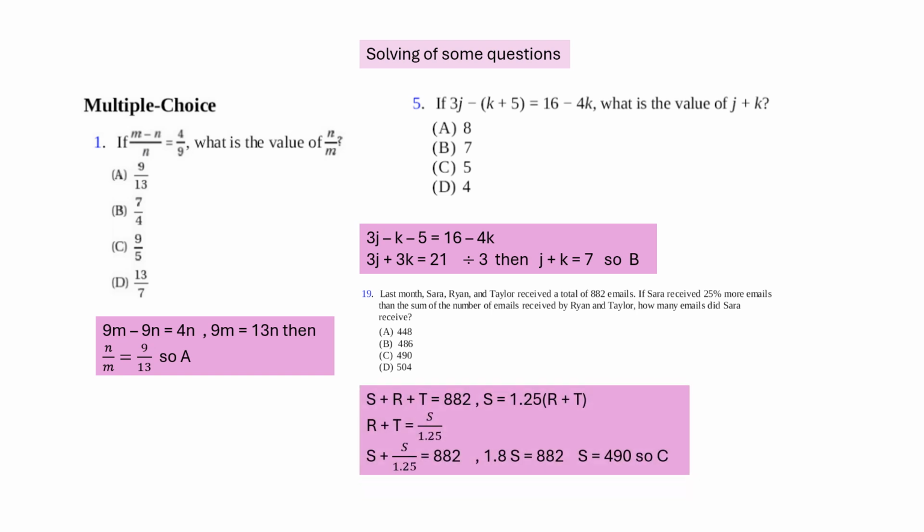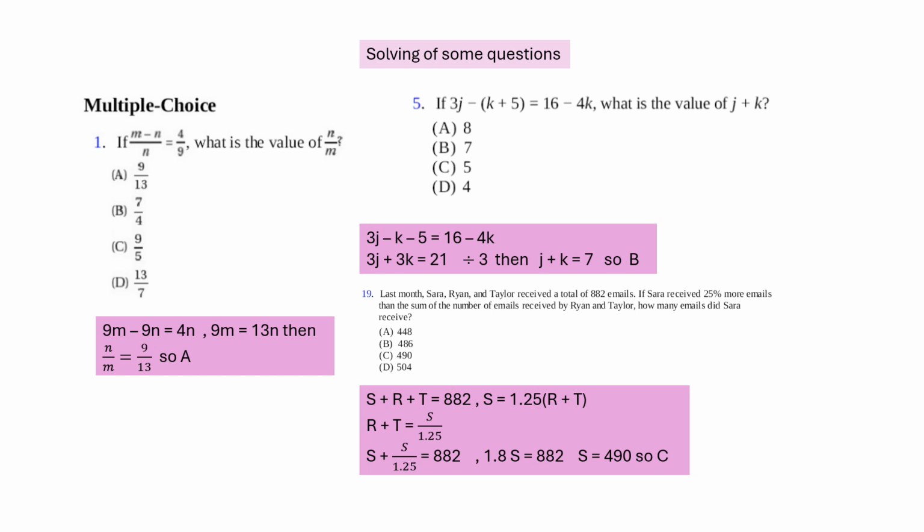Now I translate into equations. The total number of emails was 882. So I add S plus R plus T, the first letter in each name, equated to 882. And translate also Sarah: 25% more than, so you multiply the sum of R and T by 1.25.